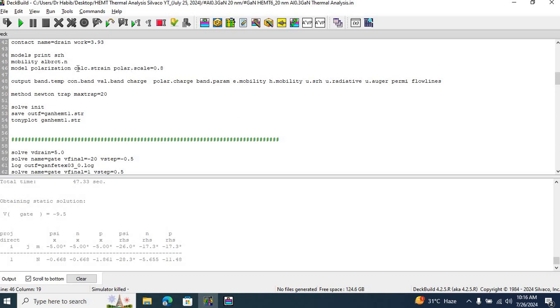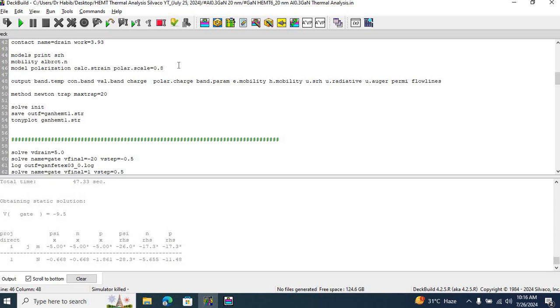And this calc strain specifies the strain in the region calculated from the lattice mismatch with the adjacent region. Then we have the parameter polar scale, which specifies the scale factor multiplied by the calculated spontaneous and piezoelectric polarization charges, and it's basically about the polarization in wurtzite materials.